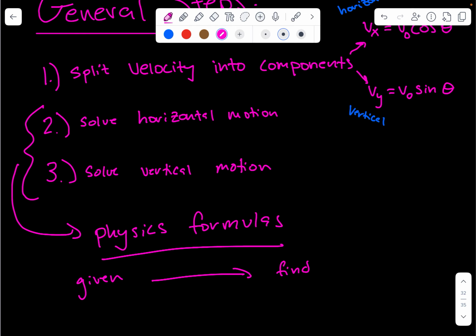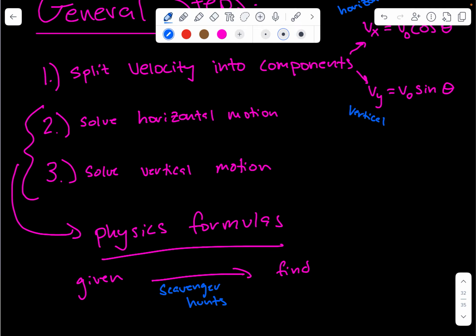Our physics formulas allow us to do a kind of scavenger hunt of variables, to go from one formula to the next to the next, because not every formula has every single variable we need or we have. Sometimes we have to use multiple formulas to get to the answer.